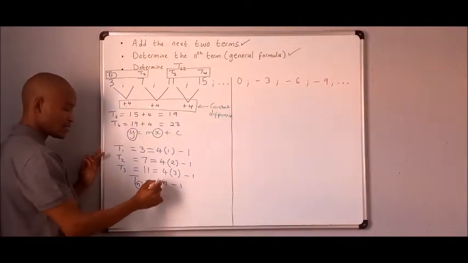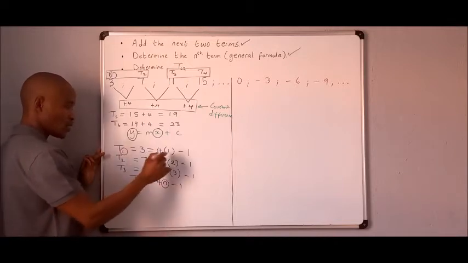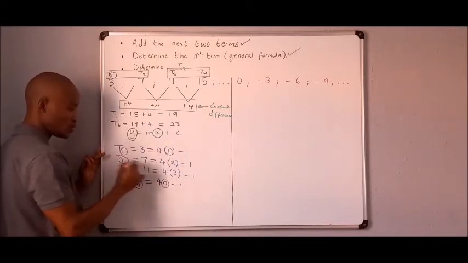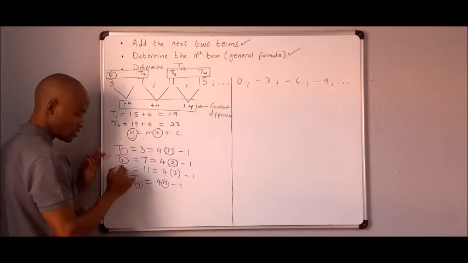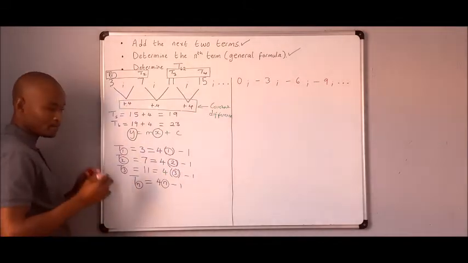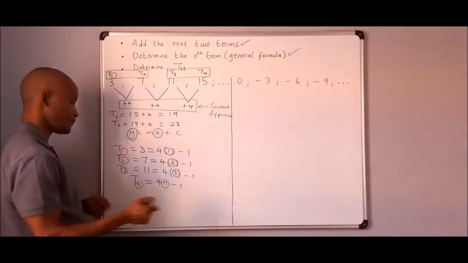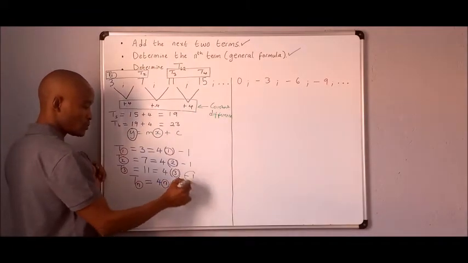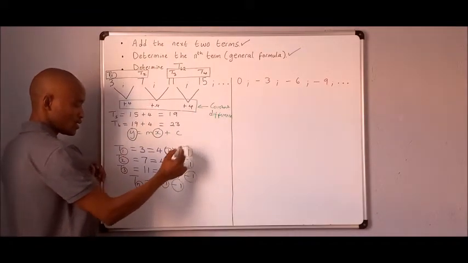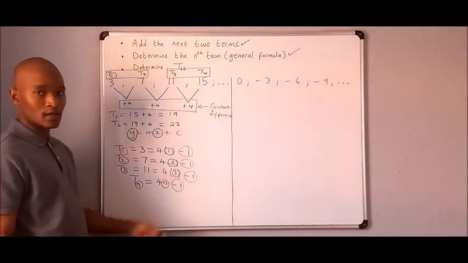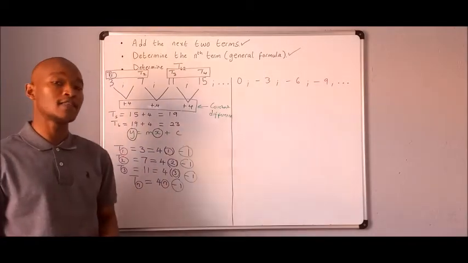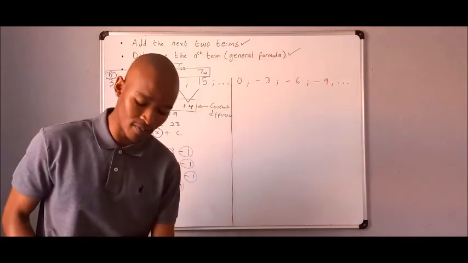This n is that n there, just like it's a 1 and a 1, a 2 and a 2, a 3 and a 3. And then we see that the minus 1 comes in there. So that becomes the general formula. We can use it to find the value of any term.